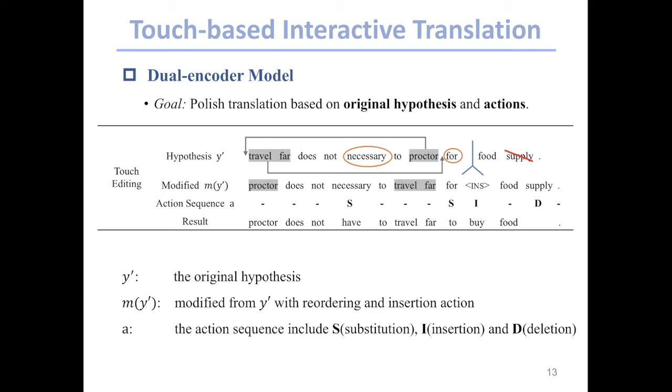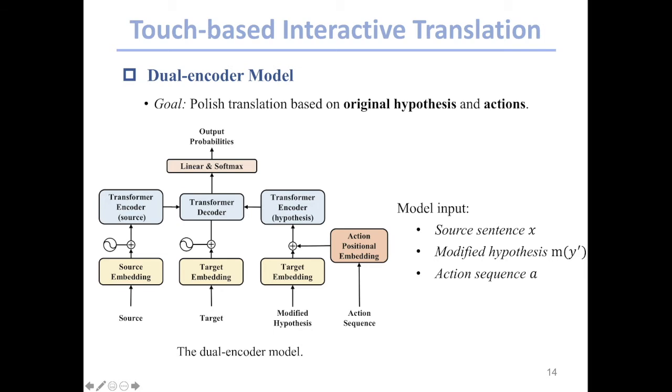The action sequence A includes S for substitution, I for insertion, and D for deletion. Now we have the source sentence X, the modified hypothesis y', and the action sequence A as the model input.